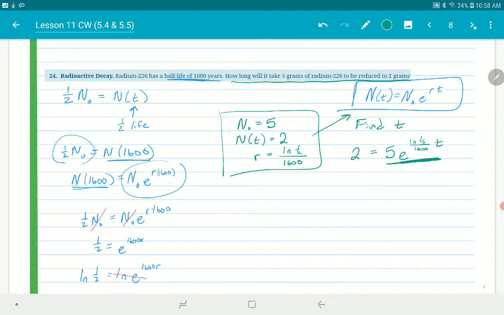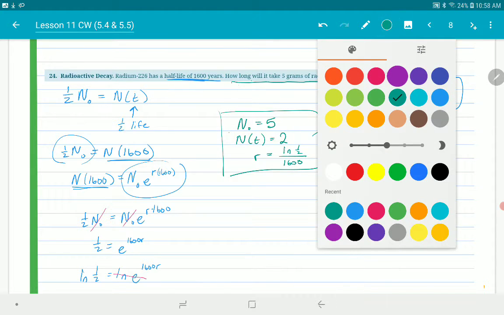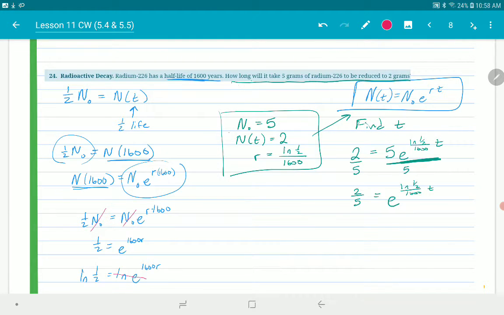So I'm going to divide both sides by 5. I get 2/5 equals e to the natural log of 1/2 over 1600 t. To solve for t, I need to take the natural log of both sides to bring the exponent down. So I'll take the natural log of both sides.